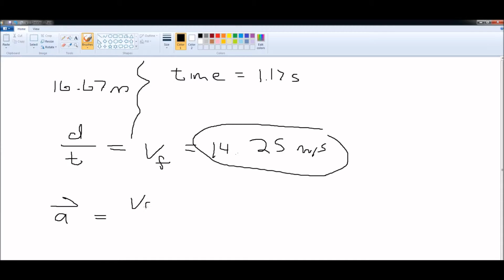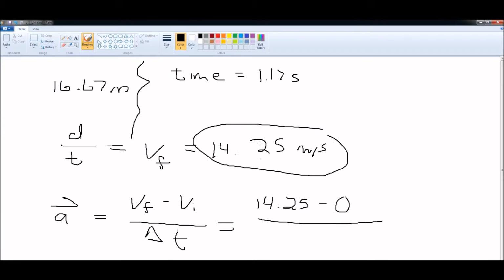So if we write this down, we can then find the acceleration of the ball using the formula: final velocity minus initial velocity over the change in time, which is just going to be our time. So the final velocity, like we just found, is 14.25 minus 0, because the ball started at rest, over 1.17 seconds, which is the time that the ball was in the air.